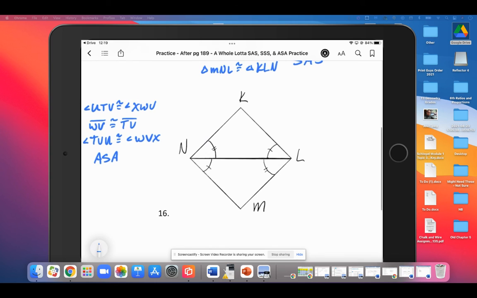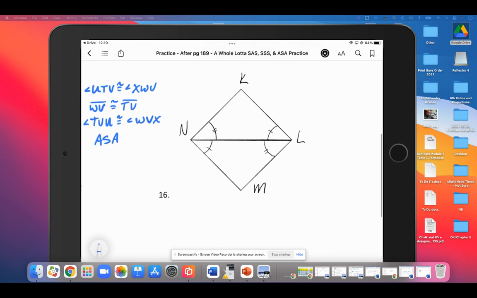Lastly, everyone, this is the last one in this set. We do have that angle KNL is congruent to angle MLN. And we do have that angle MNL is congruent to angle KLN.